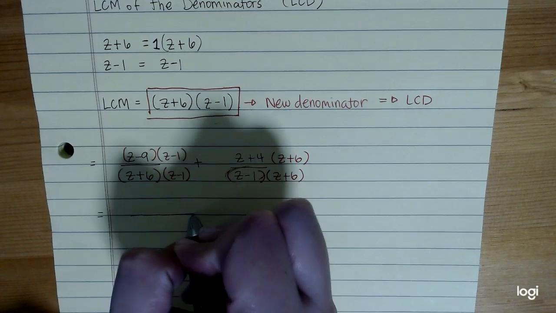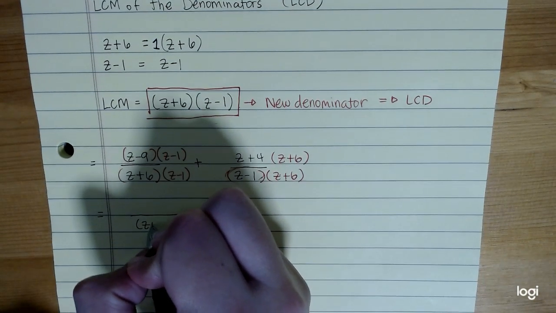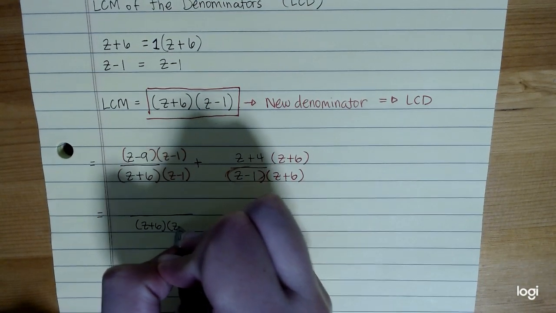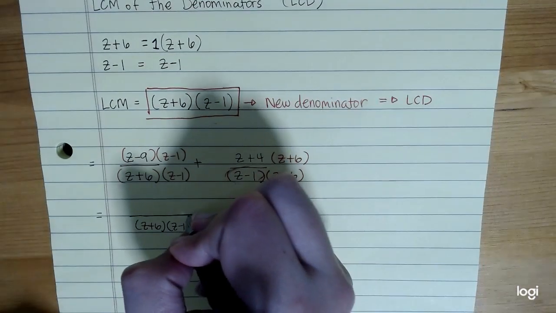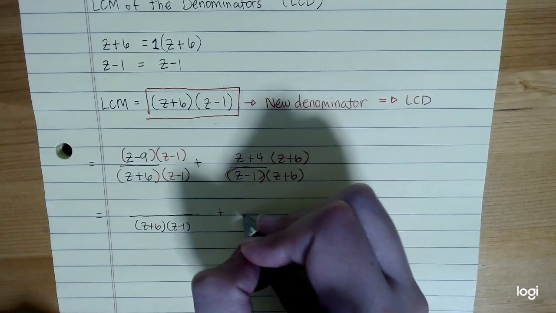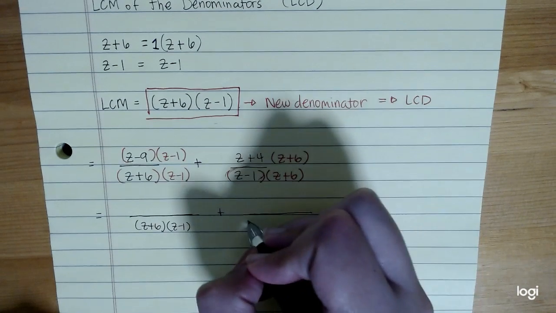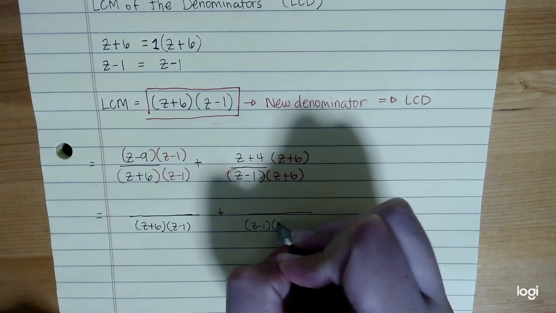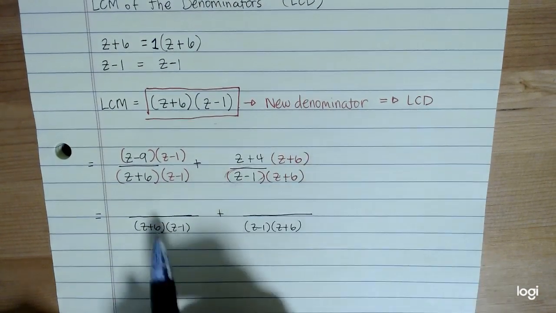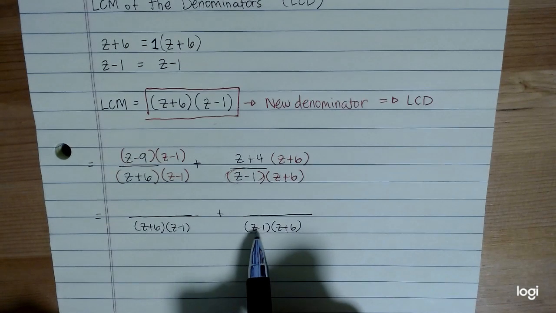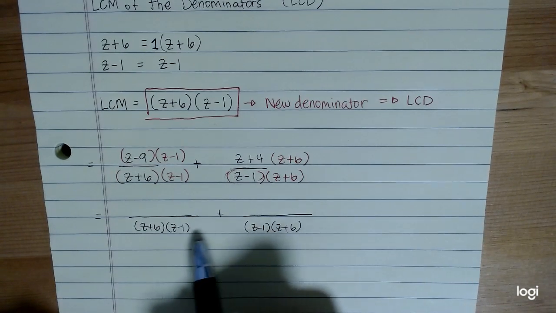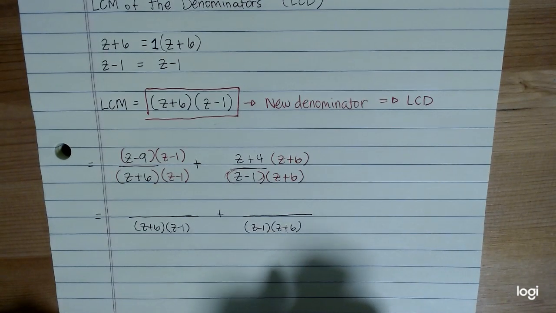So I'm going to leave the denominators right now in what we would call factored form, and I'm just going to address the numerators. But if you notice, I now have the same denominator. I know those factors are in different orders, but it is the same factor.